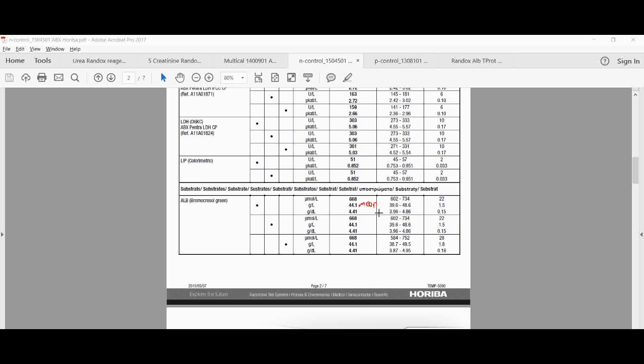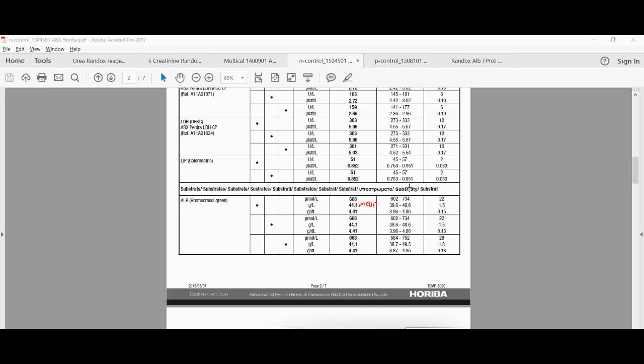If you add 4.5 to 44.1, then you get 48.6, which is 3 standard deviations. So this is minus 3 standard deviations, and this is plus 3 standard deviations. So the 1.5 grams per liter represents 1 standard deviation.